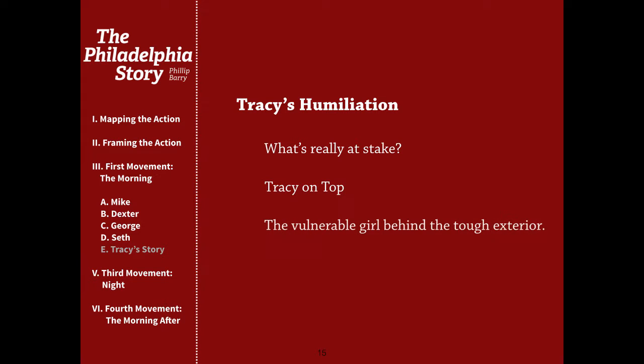This series of encounters with her love interests shows us what's really at stake in Tracy's humiliation. She's acting as the head of the family, giving orders, wearing trousers, and climbing on top of her fiancé. It's Mike, in the library, who gets a glimpse of the vulnerable girl hiding behind the tough exterior.